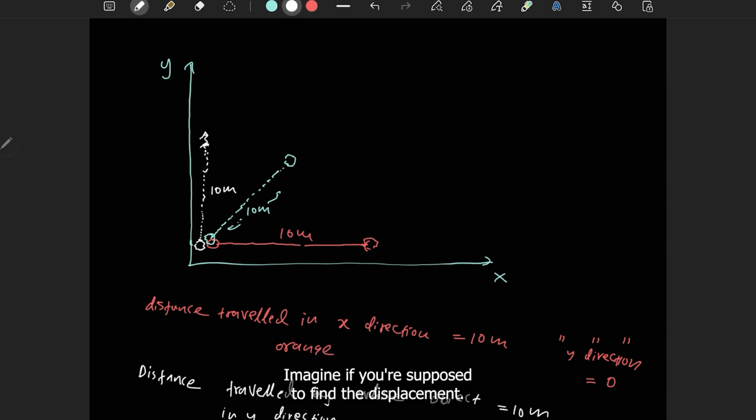Imagine if you're supposed to find the displacement. Now you can clearly see that the same object's displacement you can find in x direction as well as y direction, right? So this has an impact on the x direction as well as the y direction.